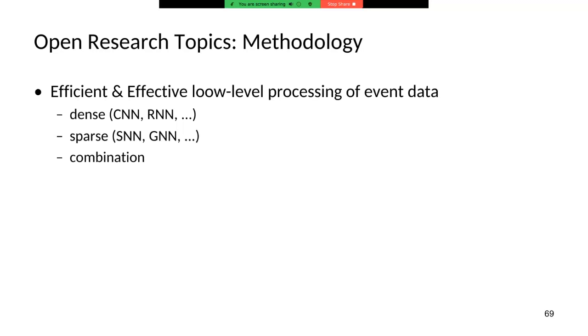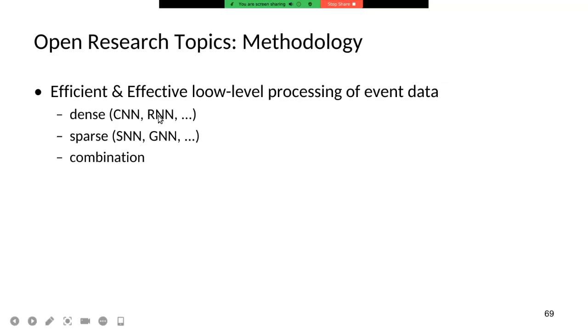Typically in neuromorphic engineering, this is done with spiking neural networks. Spiking neural networks are biologically inspired neural networks that are extremely sparse. But they are not very often used in conventional deep learning. Conventional deep learning is more about CNNs, RNNs, and this kind of dense methods.